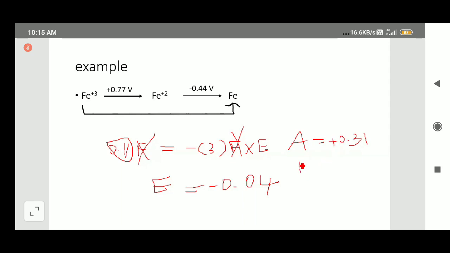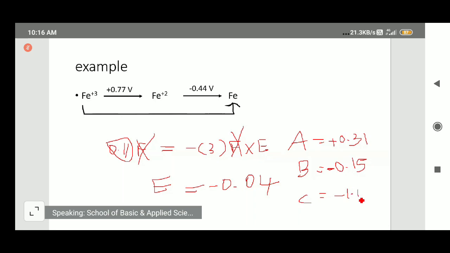The reduction potential for B is, let us say, negative 0.1. The reduction potential for C is minus 1.4. All are in volts.